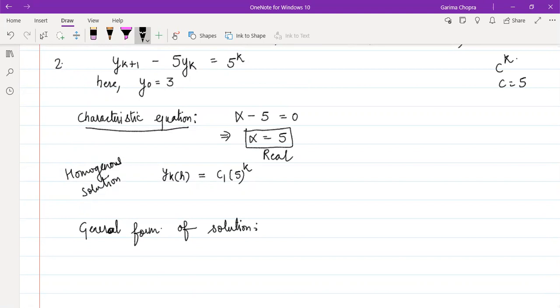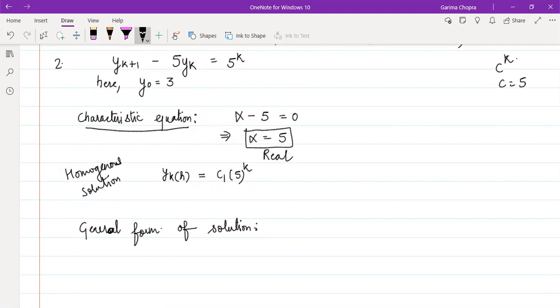Earlier in problem 1, c was not the root of the characteristic equation, but here c is a root of the characteristic equation, and the multiplicity of this root 5 is 1. So the general form of the solution will have r in it, because the multiplicity is 1.